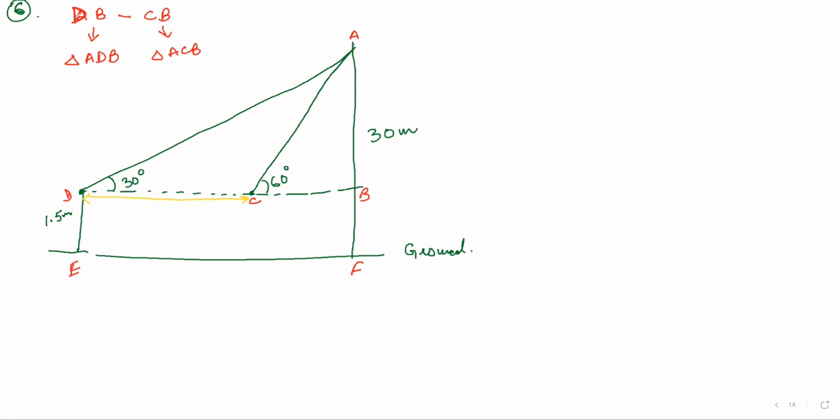I want to find base, right? So which ratio can I use here? And I know perpendicular. So which? Tan. Okay, tan. Tan is perpendicular by base. So how much is my perpendicular? Rida, how much is my perpendicular in this case?